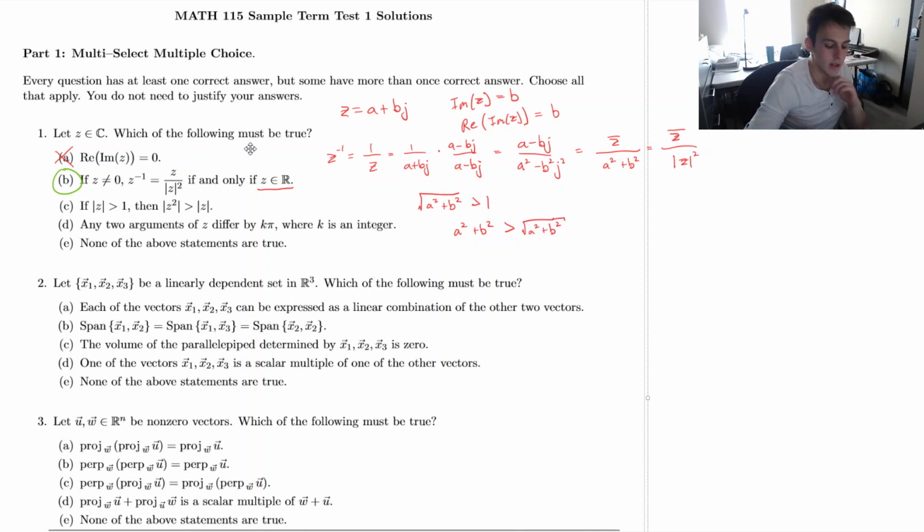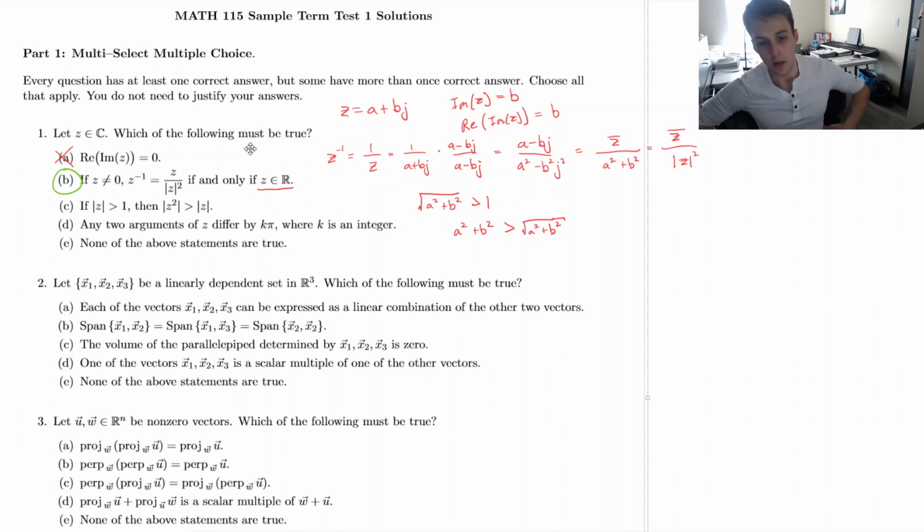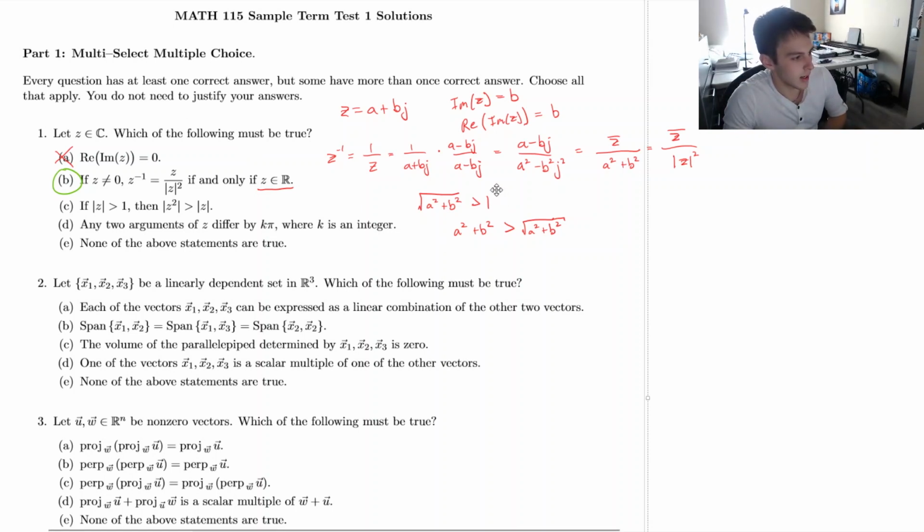Since it's greater than 1, we know this is true because we're not working with fractions here. If we were working with fractions, they might get smaller when we square them because the denominator would be squared and the numerator would just be 1. But since we have this condition that the magnitude is greater than 1, we know that this one is also true.